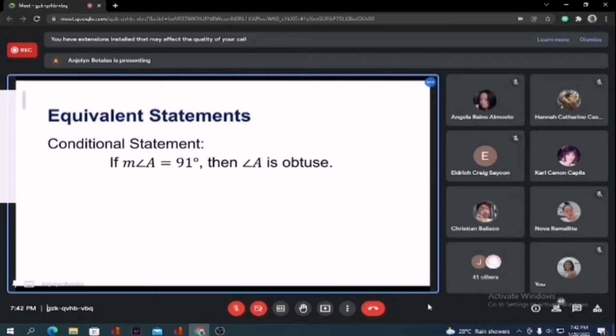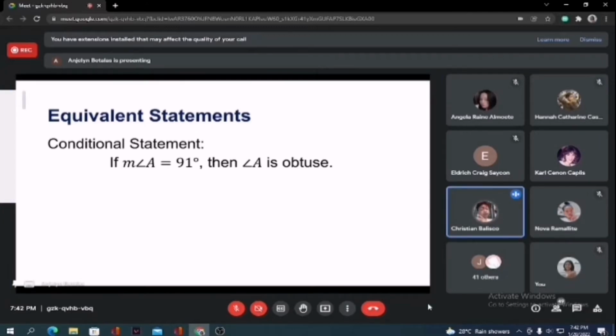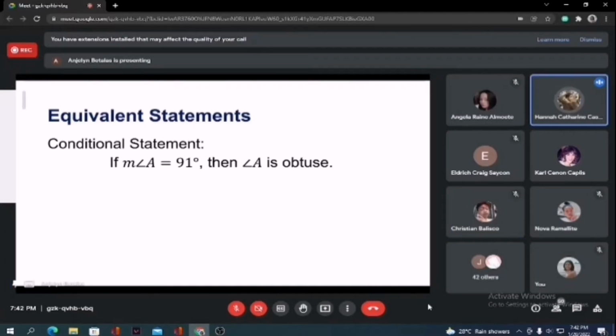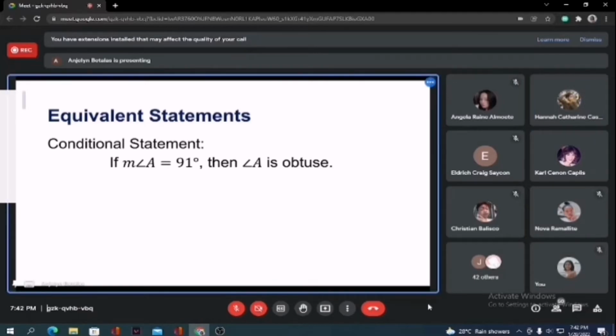If the measure of angle A is 91 degrees, then angle A is obtuse. Contrapositive? If angle A is not obtuse, then... So everybody, get the converse, the inverse, and the contrapositive of this given conditional statement. I will give you 2 minutes to do it. Go.